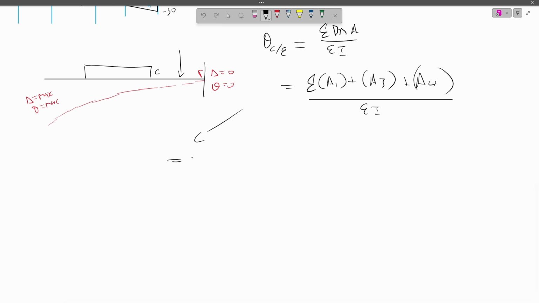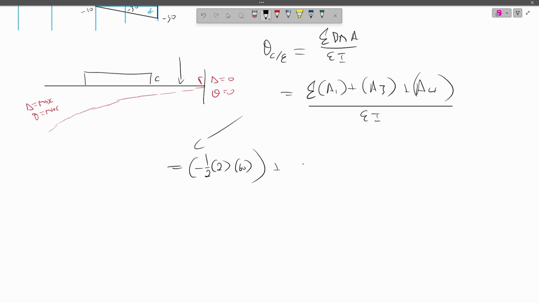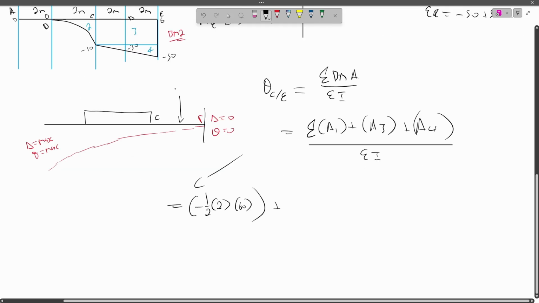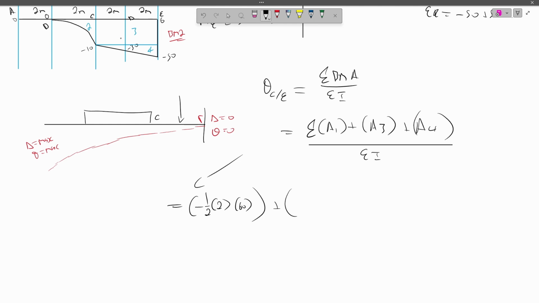So you have minus 1 over 2 times 2 times 60, plus our A3, which is a rectangle, which is 2 times our height. Our height here is 10.